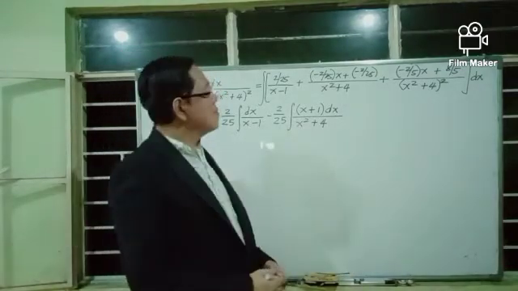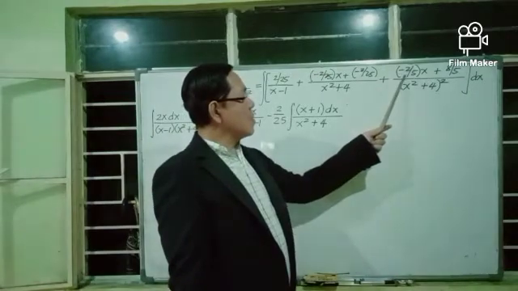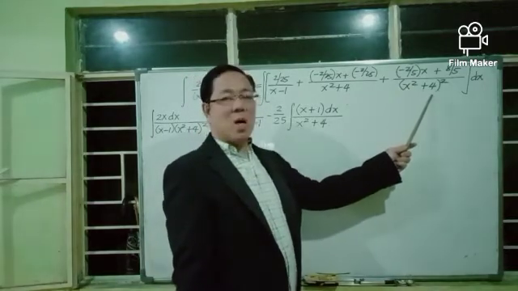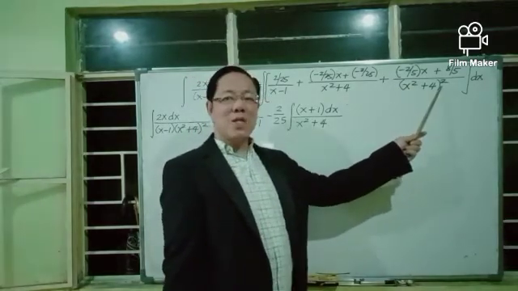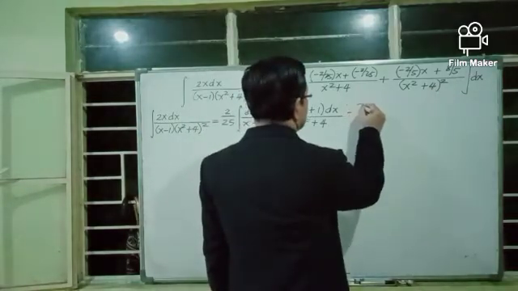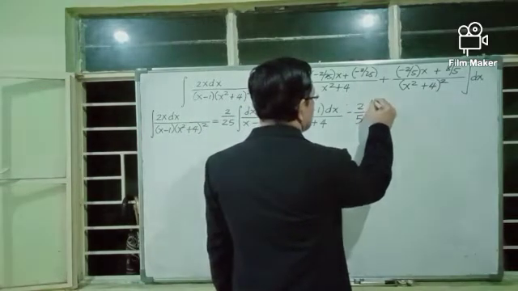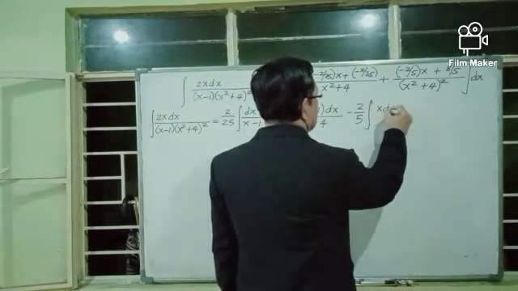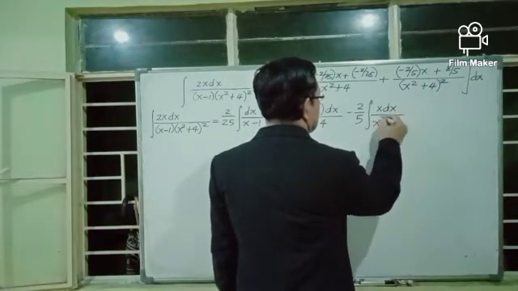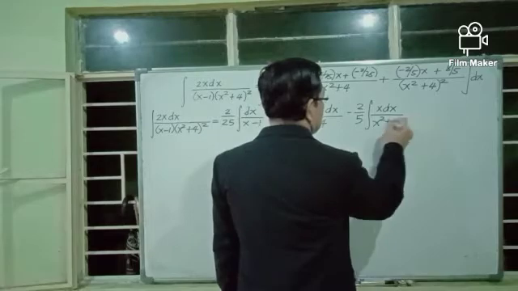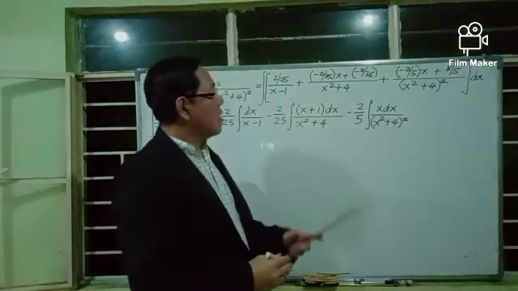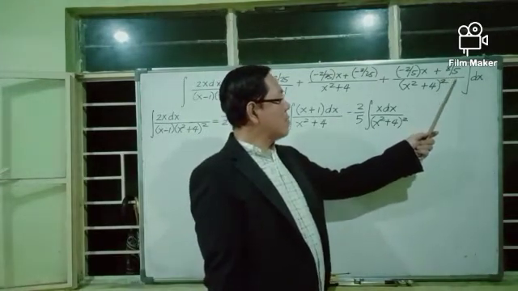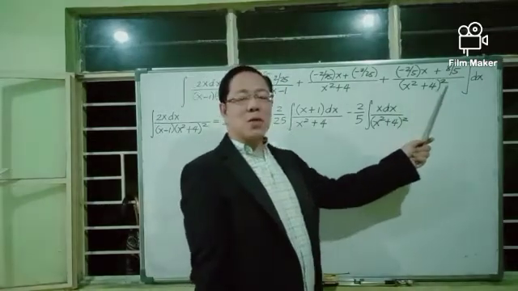And in the last term, we have negative 2 over 5 times the integral of x over x squared plus 4 to the power 2. And the last term is 8 over 5 times the integral of dx over x squared plus 4 to the power 2.